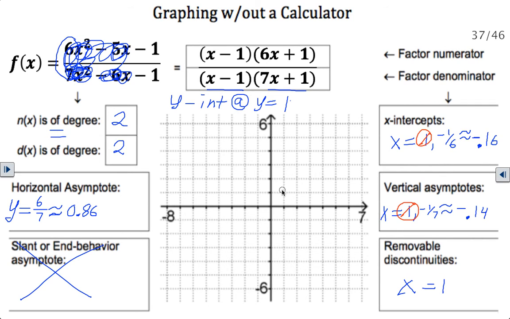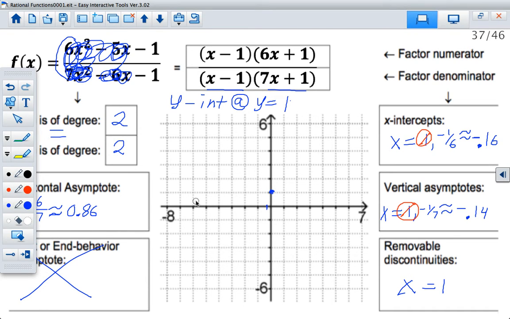Let's go ahead and label what we've got. We have a y-intercept at 1 and an x-intercept, excuse me, at negative 0.16 there. And then let's label our asymptotes.